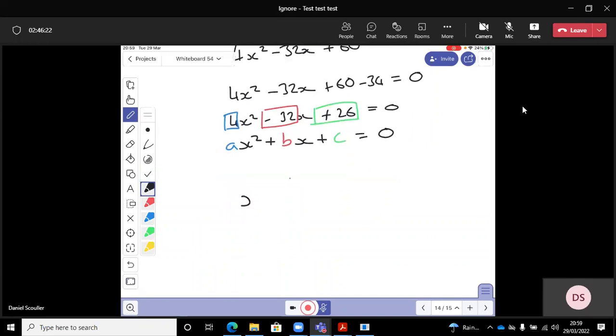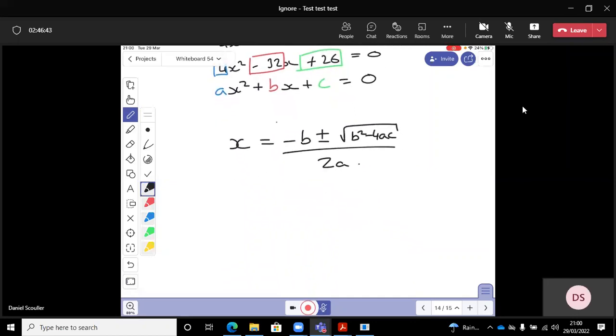So we're looking for values of x where that's true, using our quadratic formula.